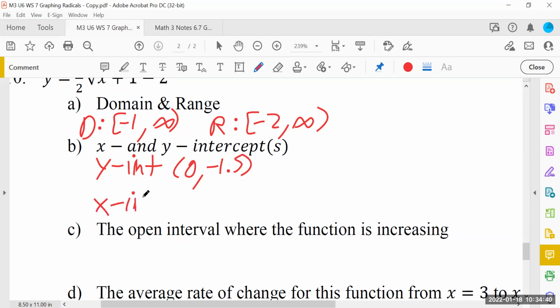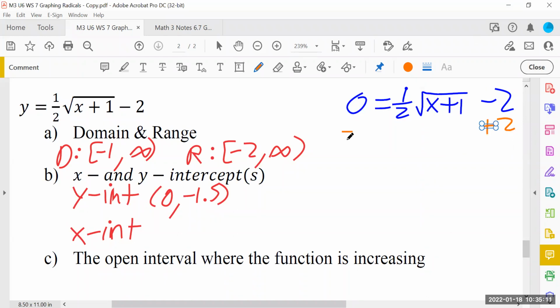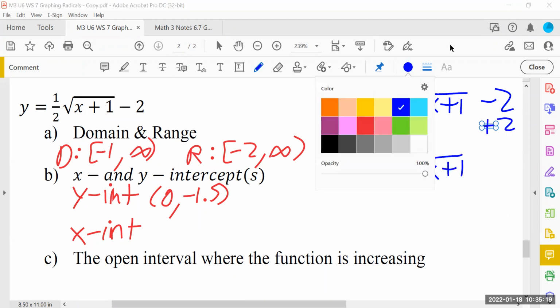The x-intercept, though, I do not have yet. And so I need to solve for x. I'm going to put 0 in for y. 0 equals 1/2 square root of x plus 1 minus 2. And I'm going to solve this like we did in section 6. I'm going to add 2 to both sides. I'm going to multiply both sides by 2 to get rid of the 1/2.